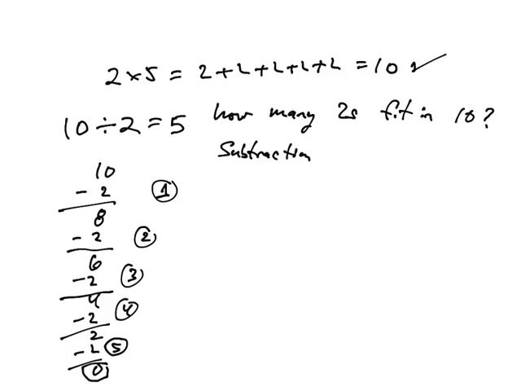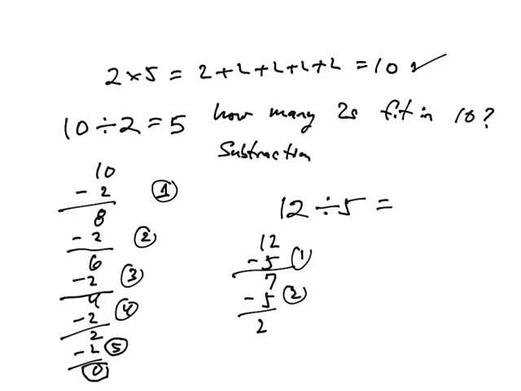So you can do any division, even if there was a remainder. You could say 12 divided by 5, and if you do 12 minus 5 is 7, and then minus 5 again is 2, you would see that we took away 2 different 5s, and this 2 that's left is what we call the remainder.